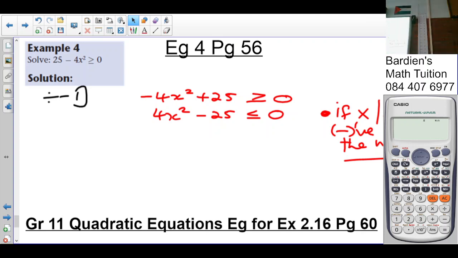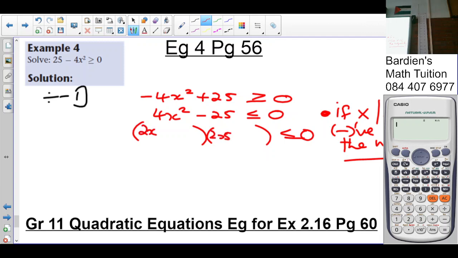Right. So what do we do? Difference of two squares. So that gives us 2x plus 5 and 2x minus 5. Not so? So what are my critical values? 5 over 2 and negative 5 over 2.